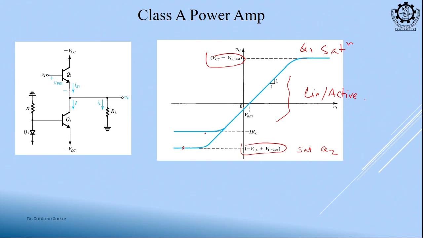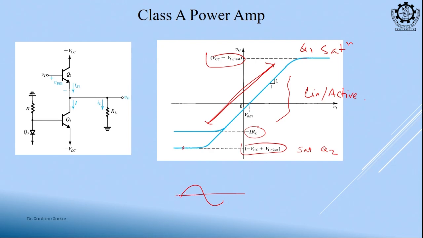And this is another limit, that is the I RL. So, we want our amplifier to operate in this zone. Why in this zone? What will happen if it crosses this zone? That sine wave will be clipped.